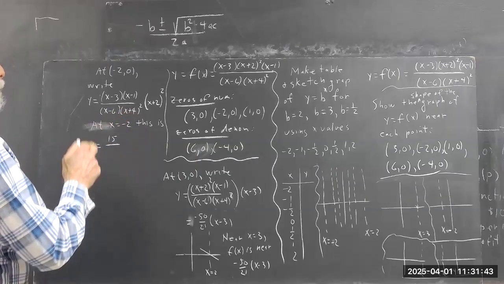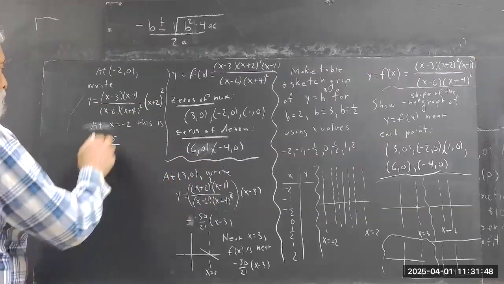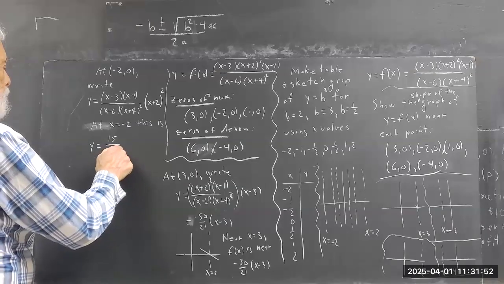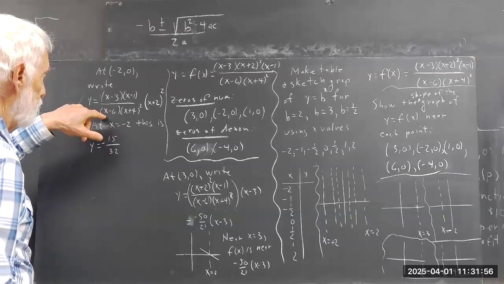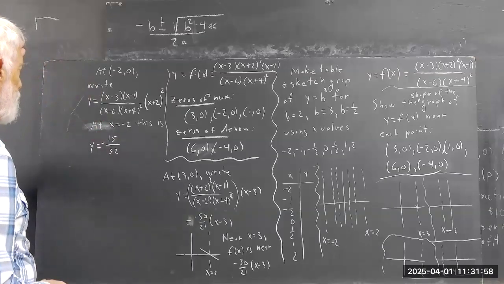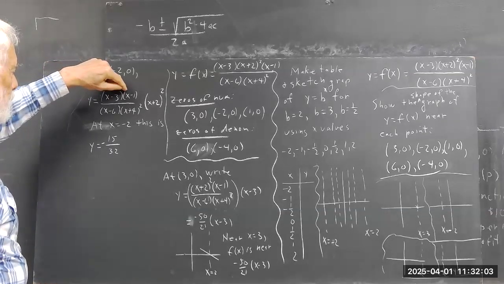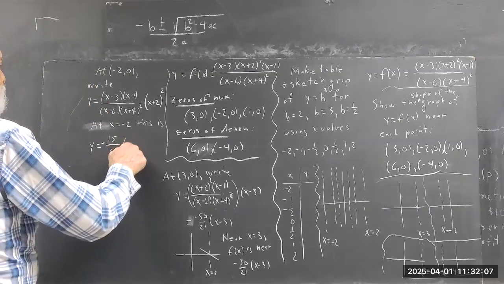Negative 2 plus 4 is 2. To square that, you get 4. Multiply that by 8, and you get 32, but that's negative because the x minus 6 gives you a negative. Yeah, I think it's negative 15 over 32.